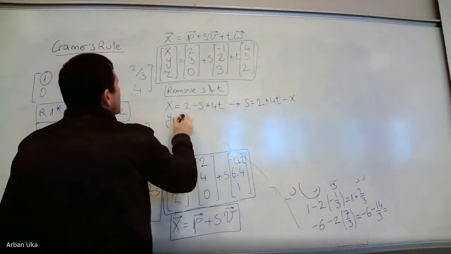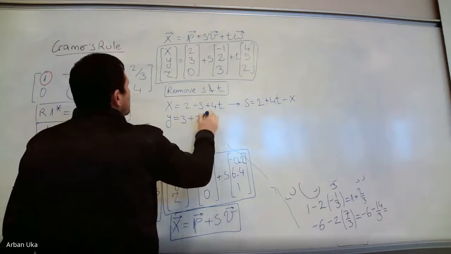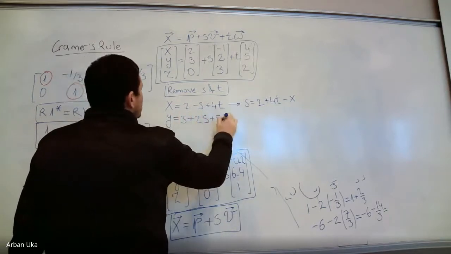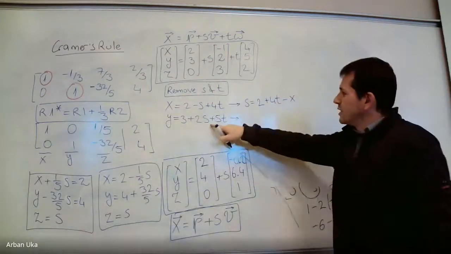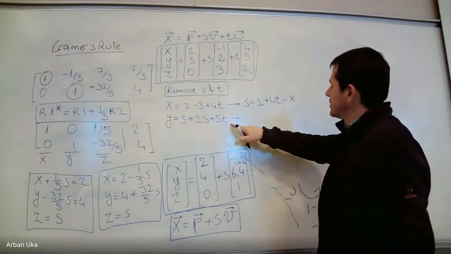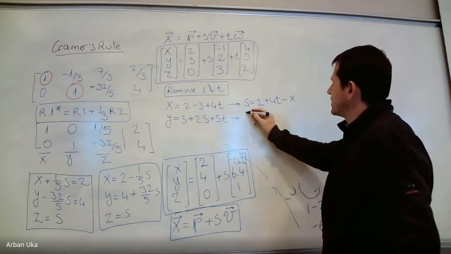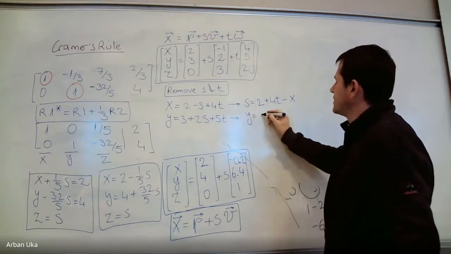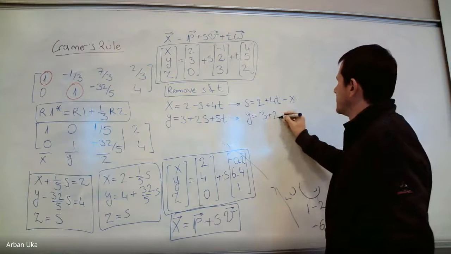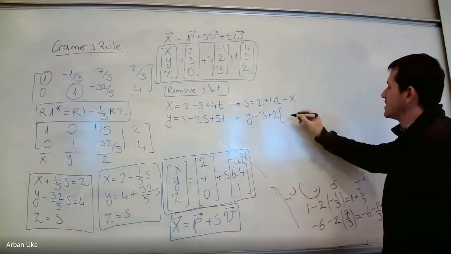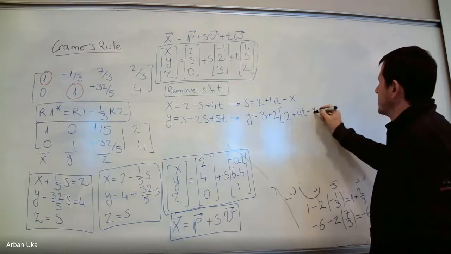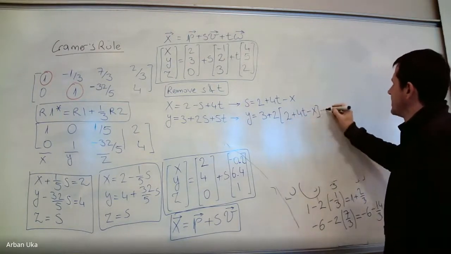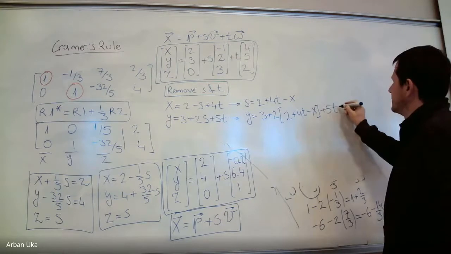Okay. What is the second equation? We write that y is equal to 3 plus 2s plus 5t. So let's substitute the s here. This is the traditional equation, so we do it step by step. Then we say that y is equal to 3 plus 2 times s. What is s? It is 2 plus 4t minus x. Okay, this is the s. Plus 5t.